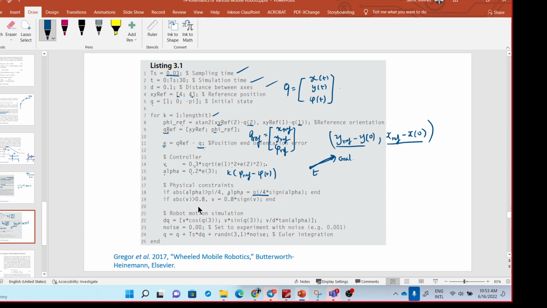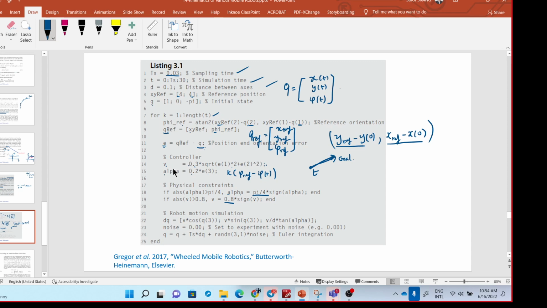And then we limit the velocity if the absolute velocity exceeds the limit. Actually this one is always positive, so we don't even need to use the absolute, but anyway, no problem. So we limit the value up to only 0.8. And here is the kinematics.